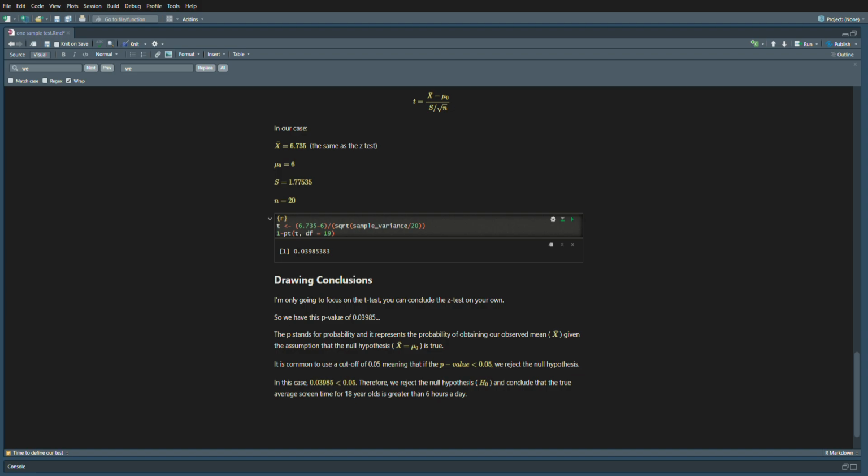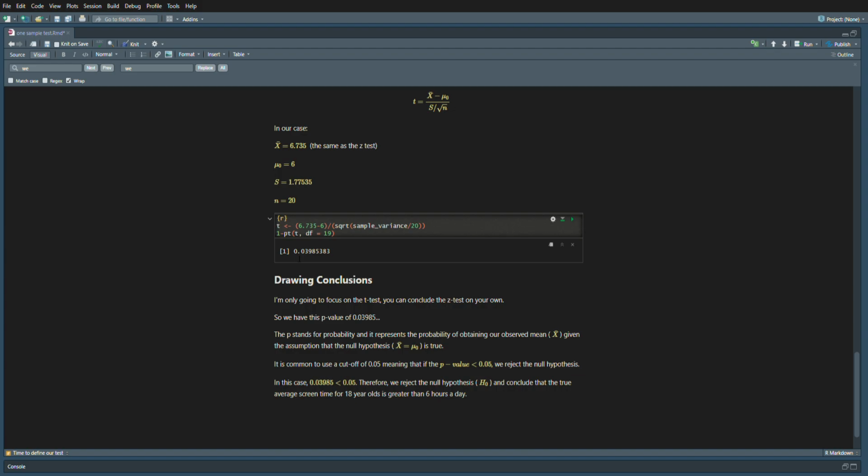So drawing conclusions, I'm only going to focus on the t-test part since I made up the population variance. So this is our p-value, and the p stands for probability, and it represents the probability of obtaining our observed mean x bar, given the assumption that our null hypothesis is true. So our null hypothesis is that the observed mean x bar equals the true population mean mu naught.